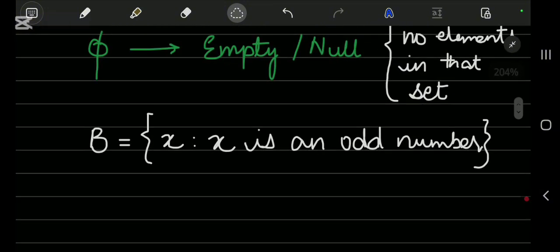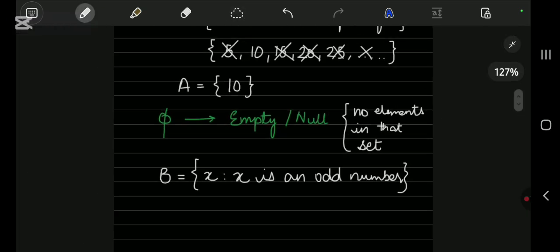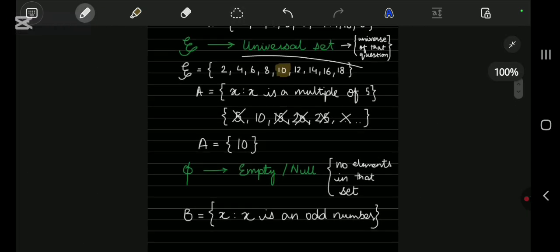Okay, x such that x is an odd number means, I will take the same universal set and I'll relate every other term, every other symbol with the same example most of the time so that you can relate to all of them.